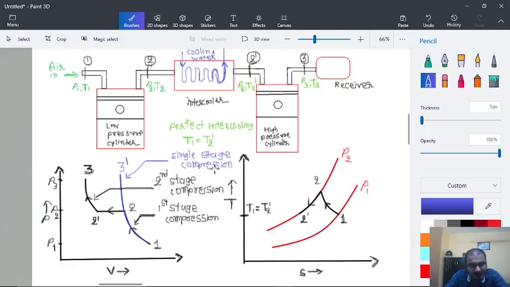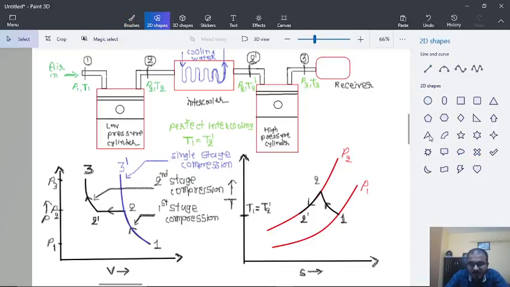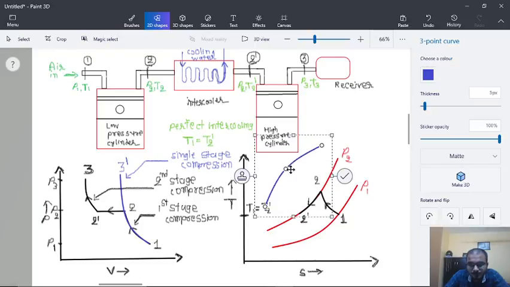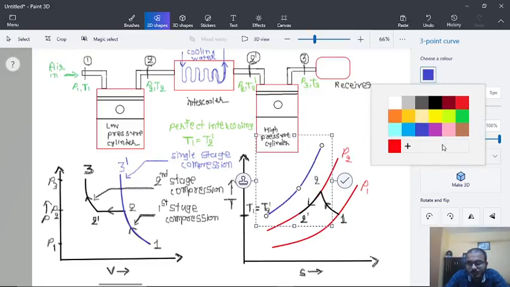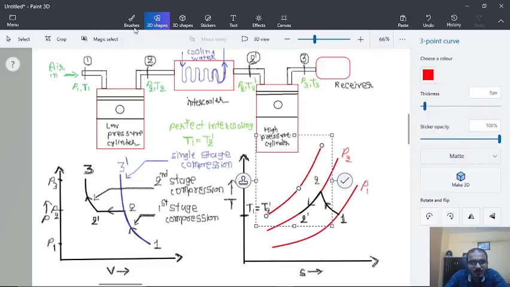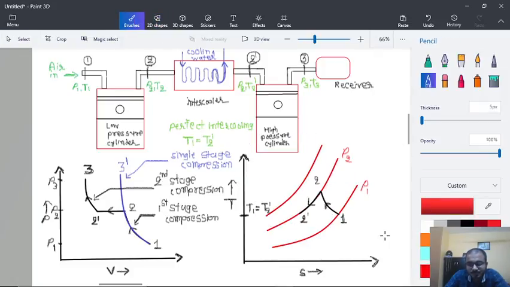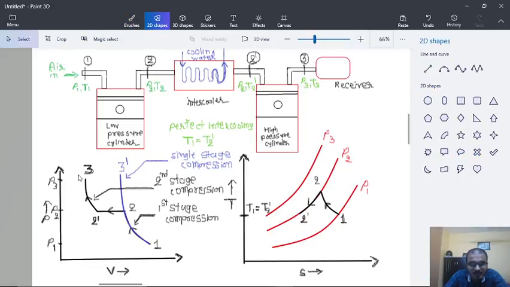Then we can also show the same thing on a TS diagram. So first we need to show the P3 process. So this is P3, and our second stage compression process looks like this.